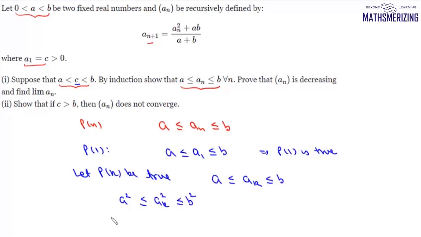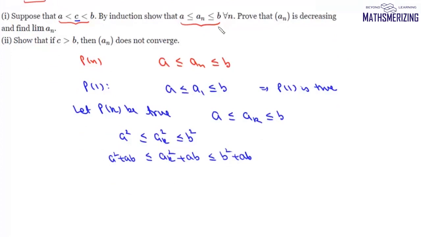Now we'll add ab, so we'll write a^2 + ab is less than a_k^2 + ab, which is less than b^2 + ab, and now we'll divide everything by a + b. Now we divide everything by a + b, we'll get a is less than (a_k^2 + ab)/(a + b), and less than or equal to b.